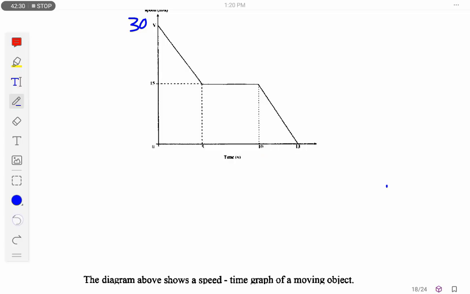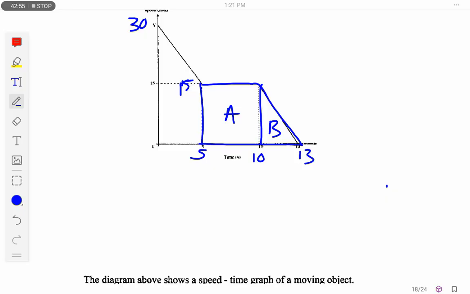The shape is a trapezium. If you want, you can divide it into a rectangle, area A, and a triangle, area B. For area A, this is 5, 10, this is 15 here, and this is 13.